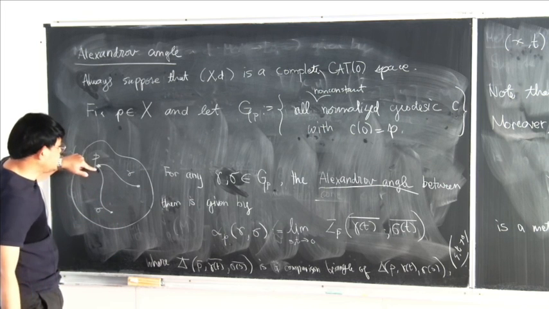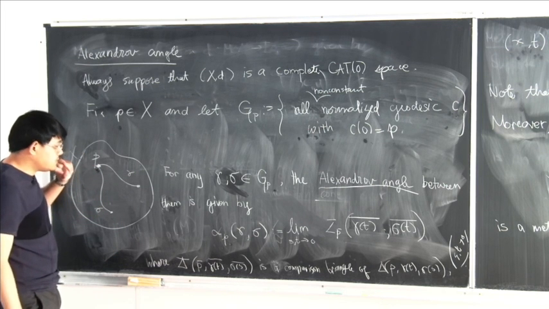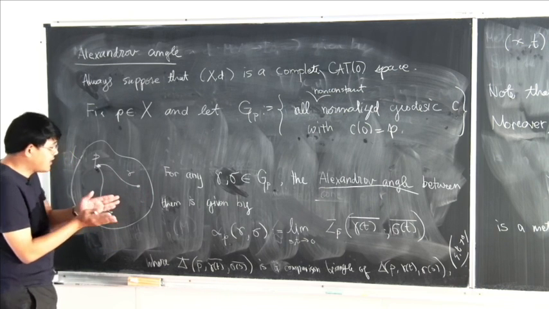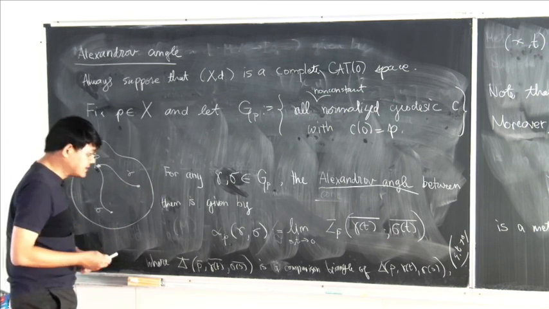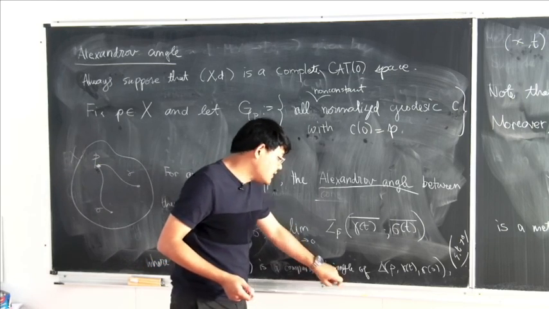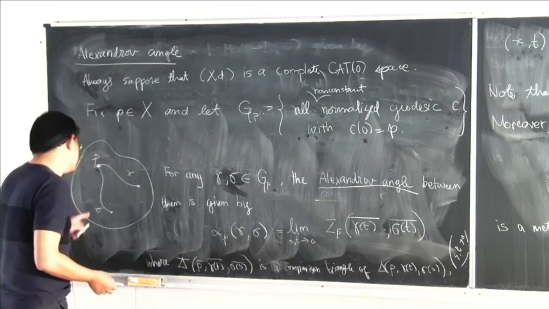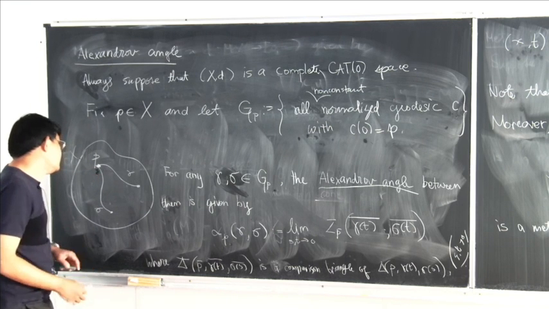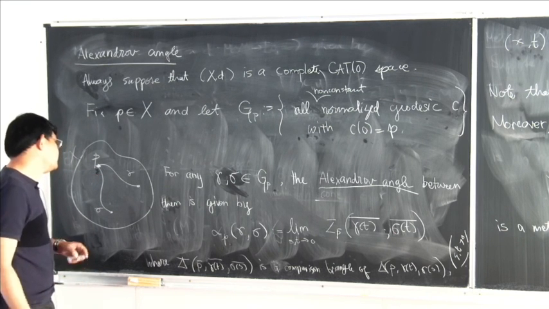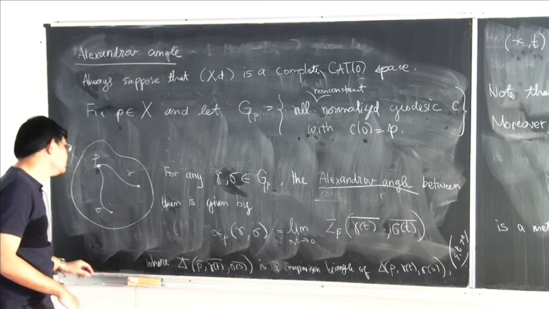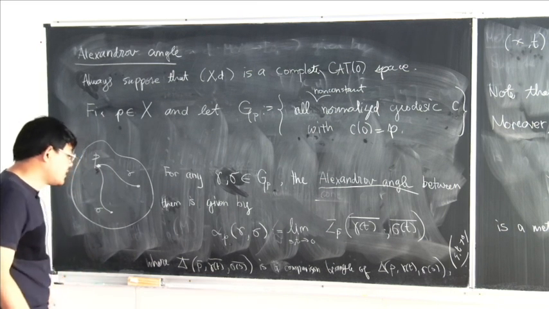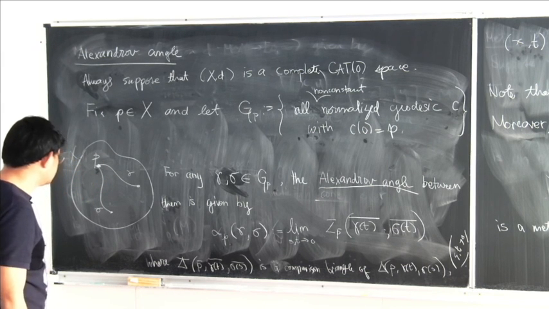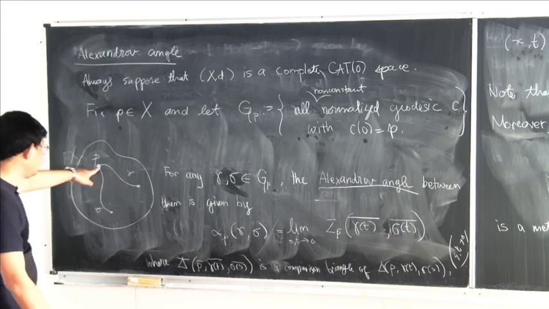So the angle between them has to be defined carefully, because if you have straight line segments making a wedge at some point, then it's not so difficult to find the angle between them, right? You just take any tools you want and you measure it. But here it's kind of curved. So what is the angle here?